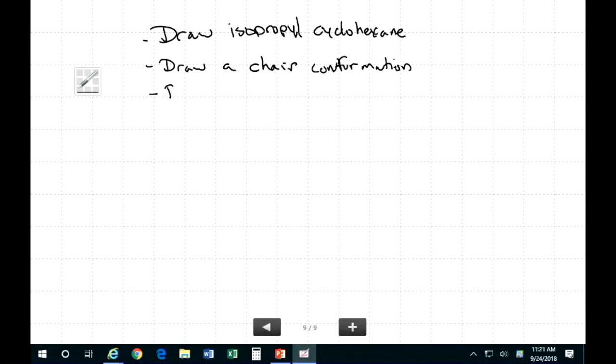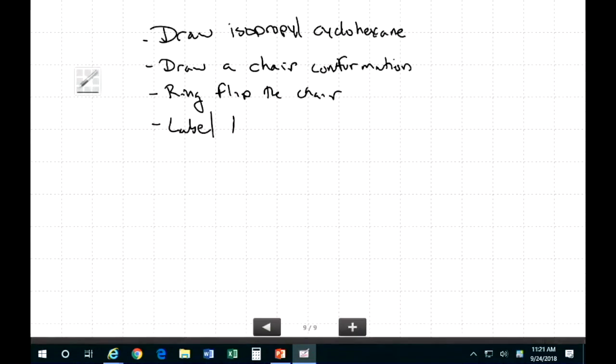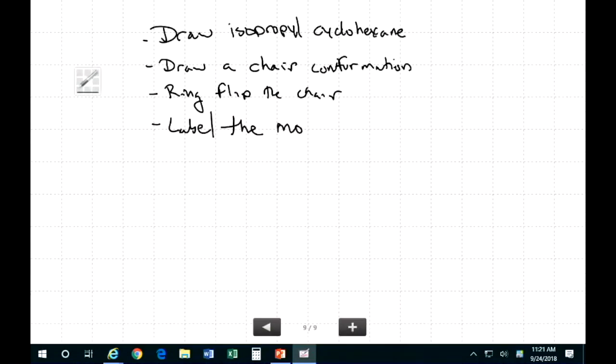Ring flip that chair conformation. Label the most stable conformation.